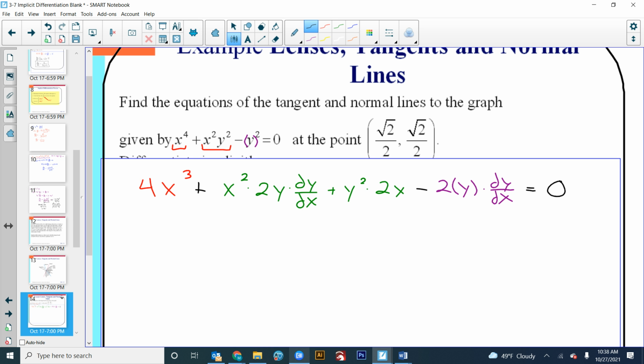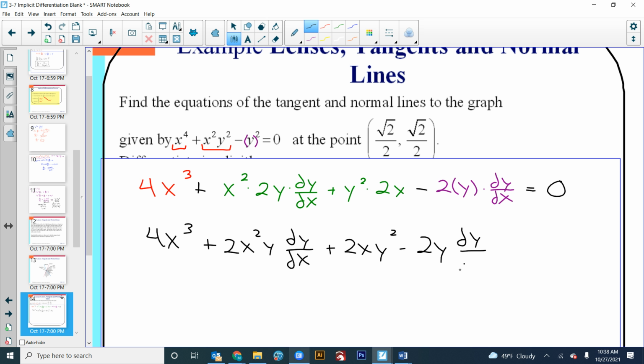That way, if you want to combine like terms, you can match up the like terms. So for me, this would be 4x cubed plus 2x squared y dy dx plus 2xy squared minus 2y dy dx equals 0.